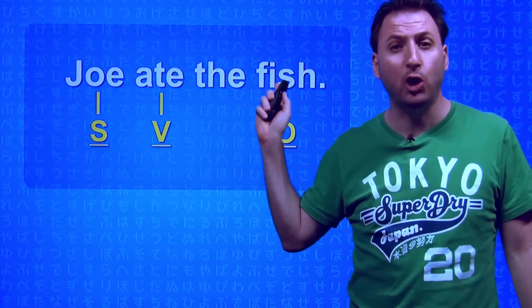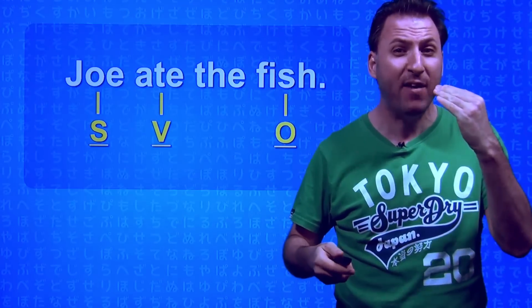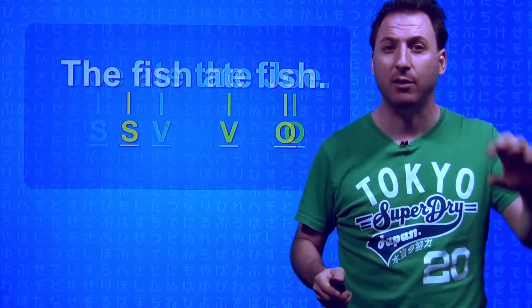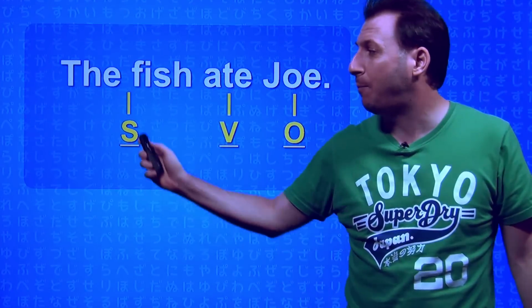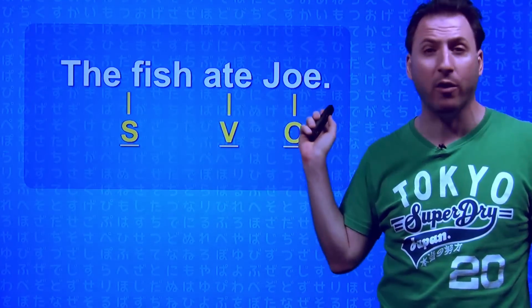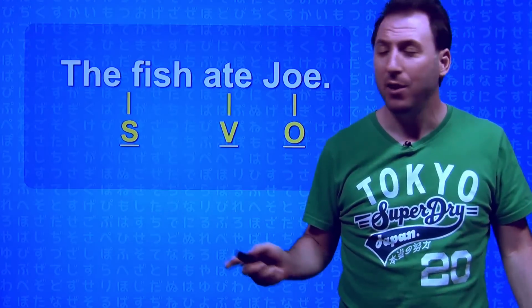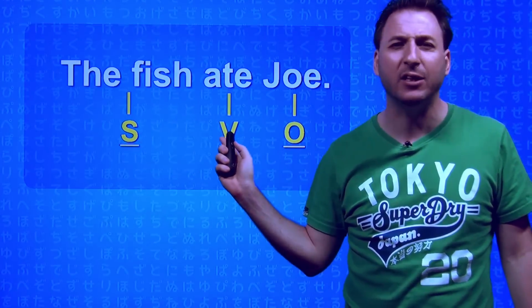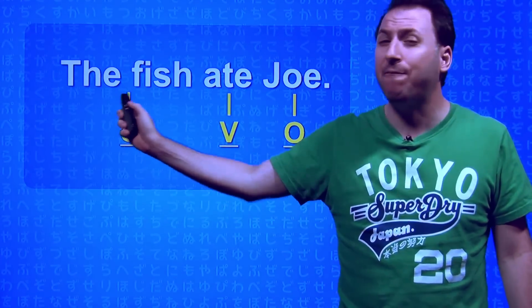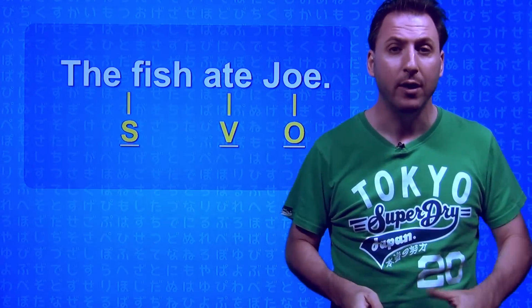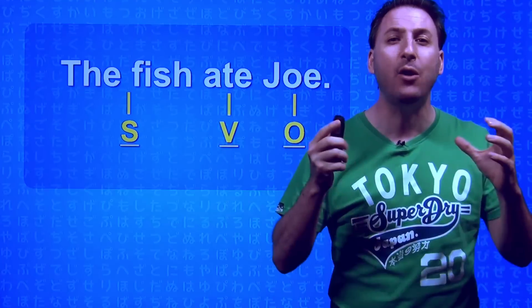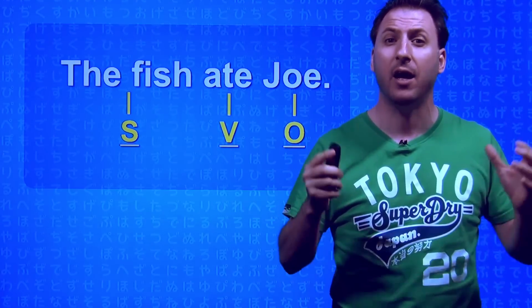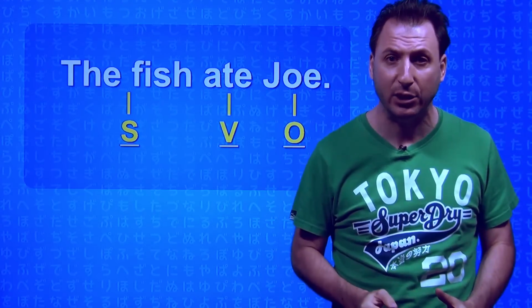Right now, Joe, this big guy, he's eating a fish, right? But look what happens when we put the fish where Joe was and put Joe where the fish was. Now we've still got SVO because in English it's always about order. The fish ate Joe. It's completely only the order that determines what's the subject and the object in English.